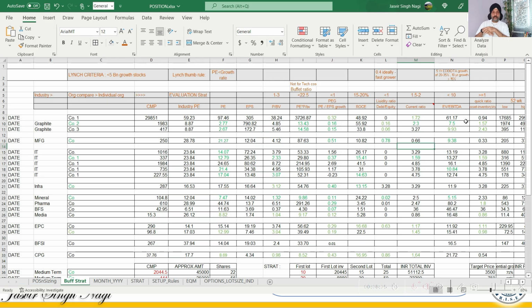Now, why 10? Because if you see the best companies out there and you see the EV against EBITDA for one of the Buffett ones, this is where it is. He's been able to suggest this because the economic value of an organization plays an important role in the overall health of an organization. But EBITDA is a live case scenario to see, because EV has a lot of assumptions.